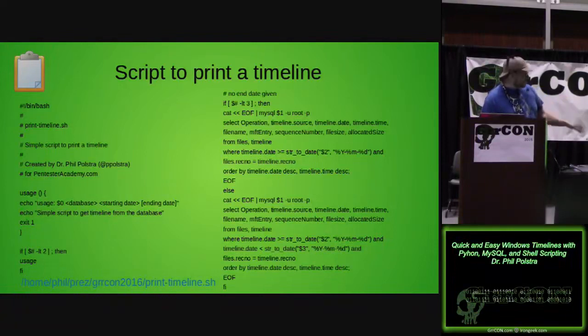So it's a very similar query, but if you look at the where clause, you'll notice that there's another criteria. It says, and timeline date, started date, $3, the last thing you passed in, is less than this date. Right? So that's all that's going on here. It's nothing terribly spectacular.